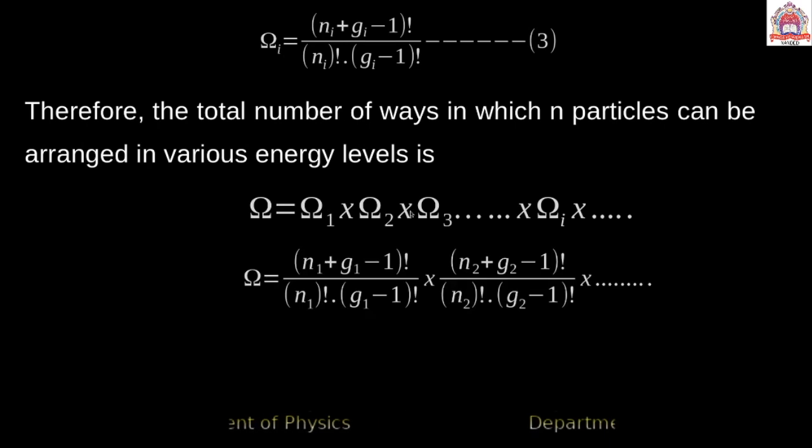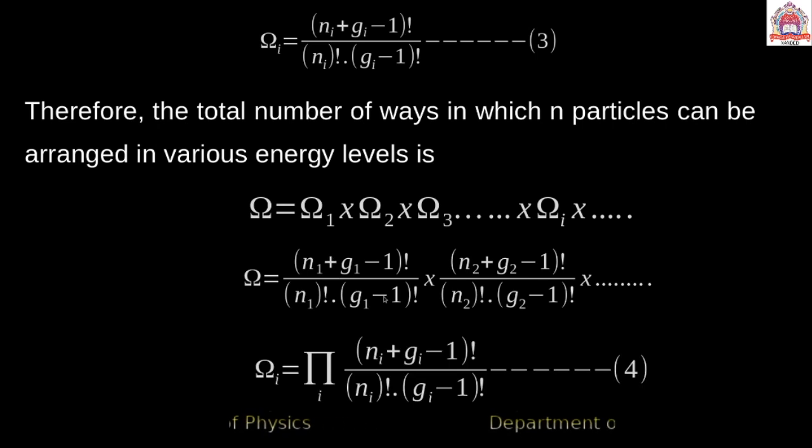So we get the total probability of the system equal to (n1 plus g1 minus 1) factorial over n1 factorial into (g1 minus 1) factorial, into the second probability, that is n2, and so on. This is the multiplication of terms.